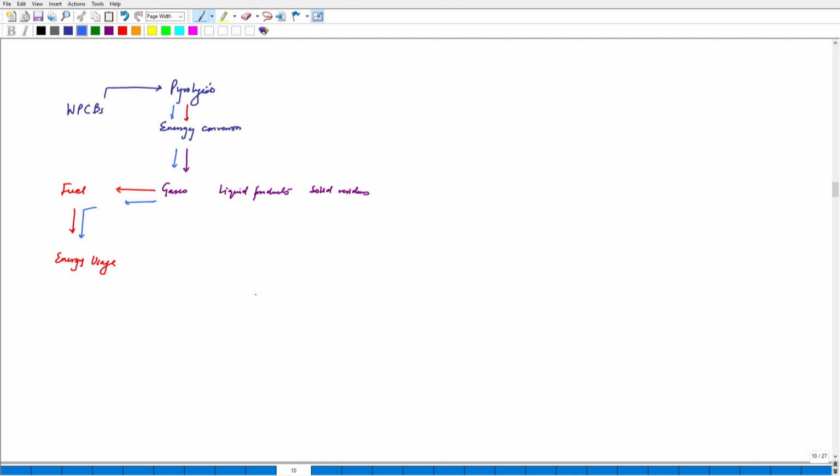If we are really not interested in that, then we can go for the material path. So when we look at the material path, we have liquid products, and liquid products basically means chemical materials. One has to, of course, purify it and get different types of output from it. And we also have solid residue. We'll now discuss what we are looking at when we think of material output.